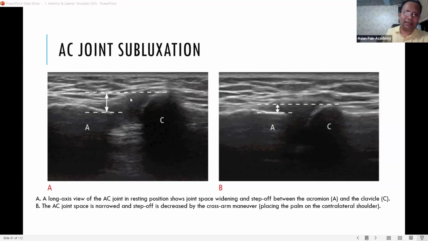The distance between the upper surface of the acromion and the upper surface of the clavicle changes. Sometimes it becomes small, sometimes it becomes big. So this change in dynamic examination says that there is an AC joint subluxation.